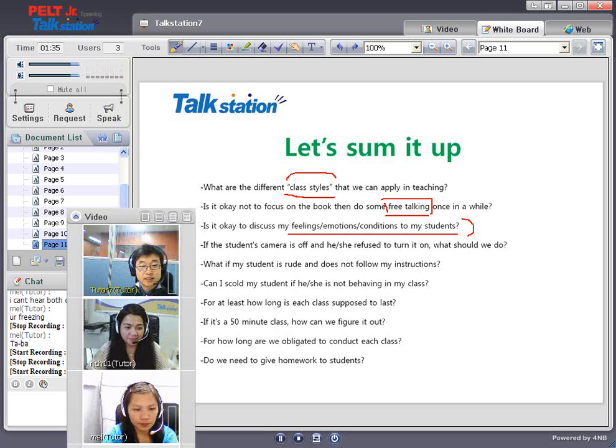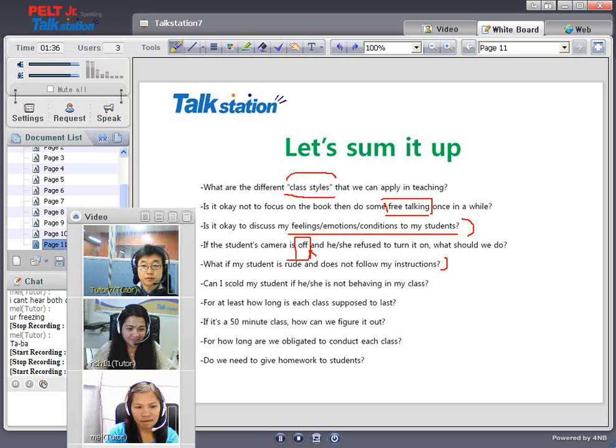Alright. And the next one, if the student's camera is off, it is okay, right? Yes, sir. But the tutor's camera should be on all the time. Okay. And the next question, if the student is rude, what should the tutors do?